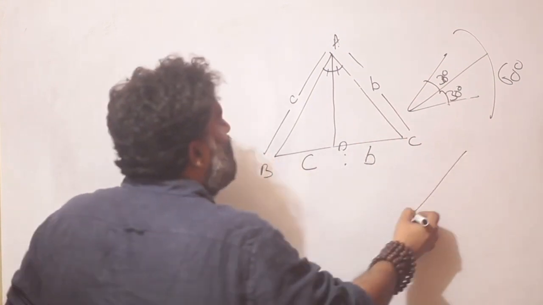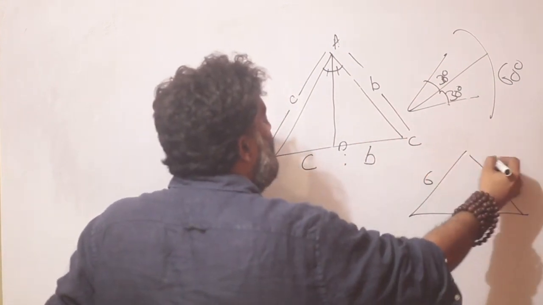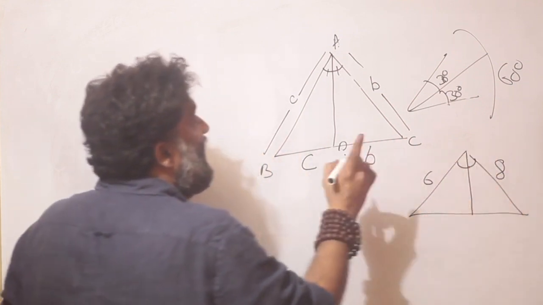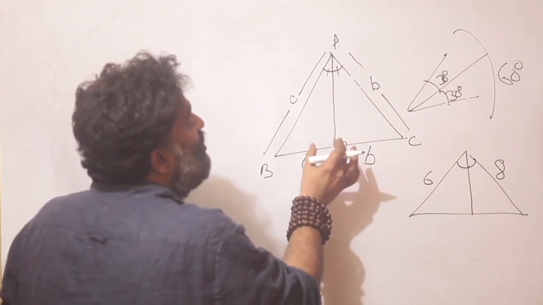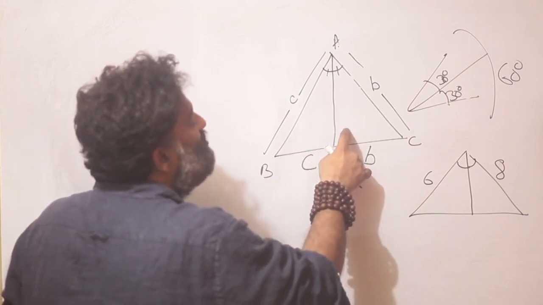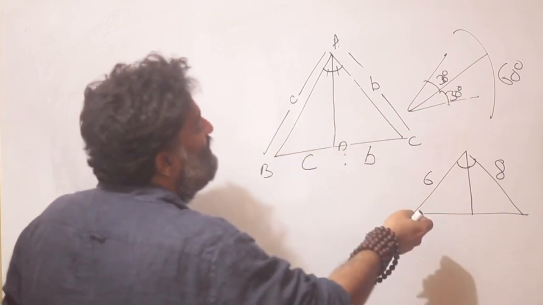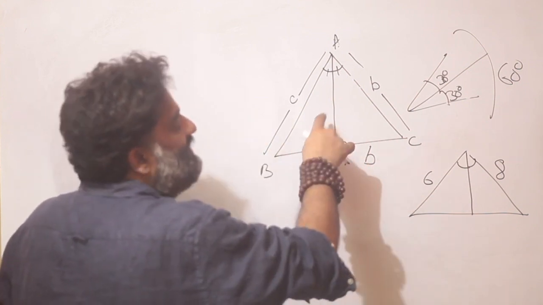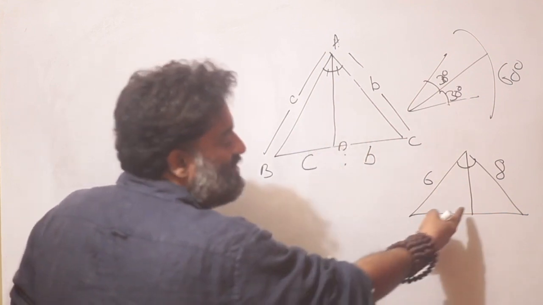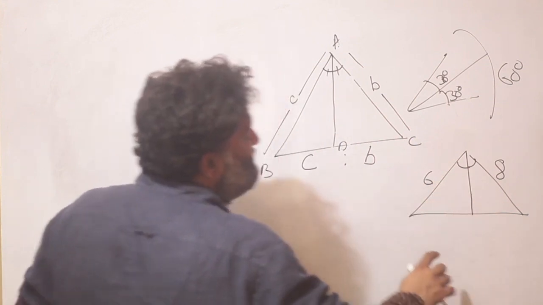Quickly think of a triangle, and let's say the sides are 6 and 8. When I draw an angle bisector, again remember this is not the median and this is not the perpendicular. That means I do not know if this angle is 90 degrees for sure or not. In a particular situation it could be, but an angle bisector is not the same as a perpendicular, because in some cases it might look so, but we are not using that information.